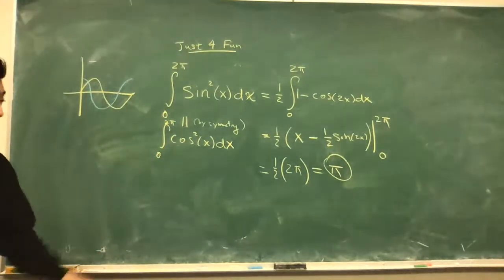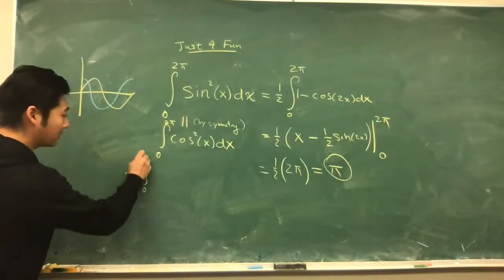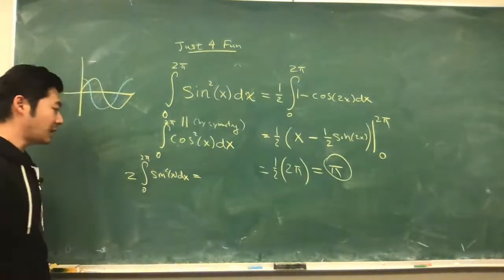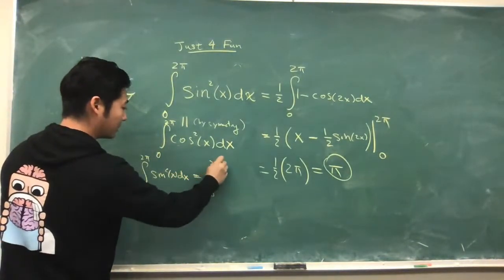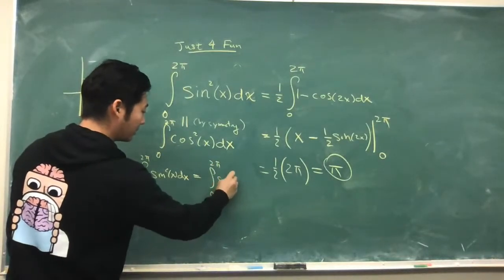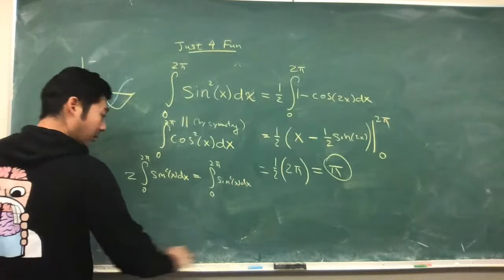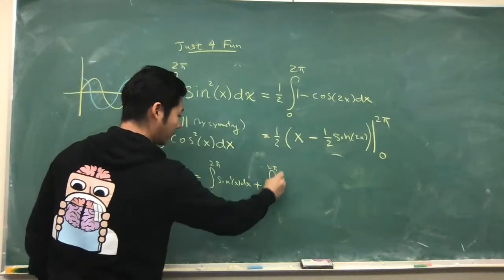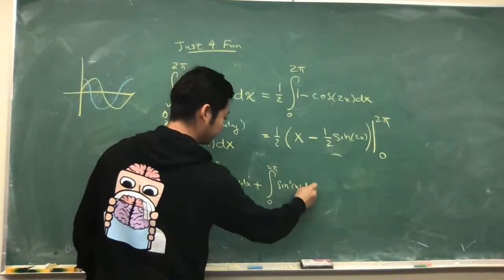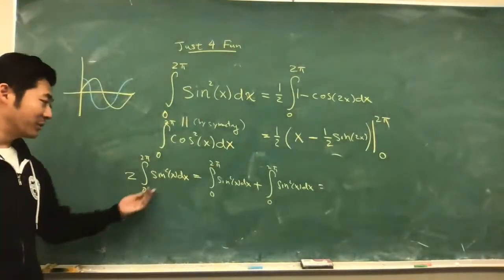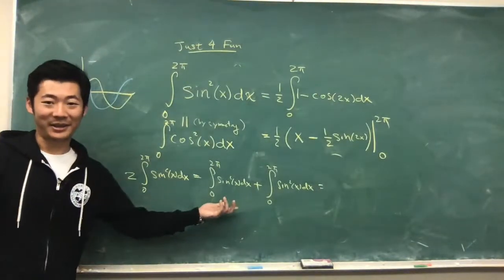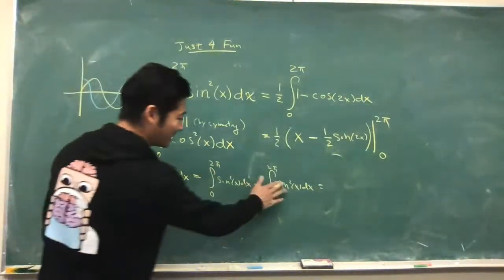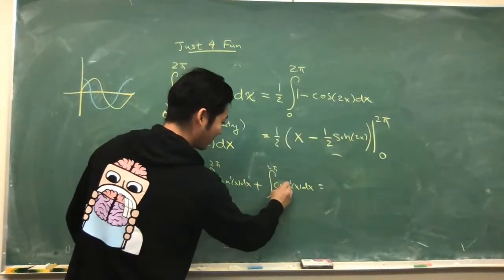So why is this a trick? You first write down twice what you want. This is going to be 0 to 2 pi of sine squared plus 0 to 2 pi of sine squared, right? Because multiplying by 2 means you're adding it twice. But then we replace one of them with cosine squared.